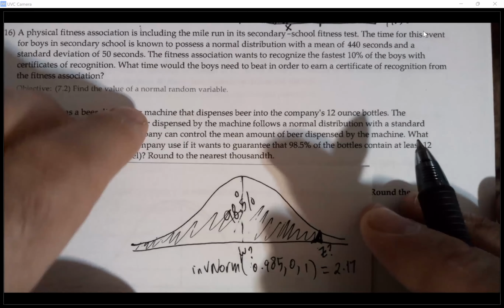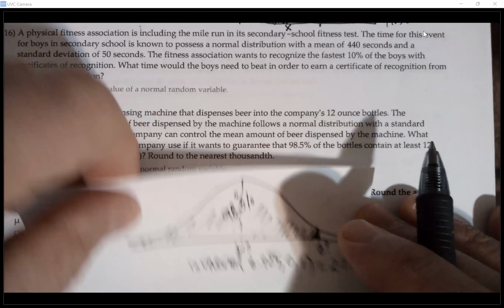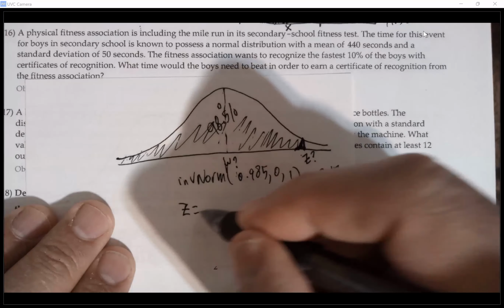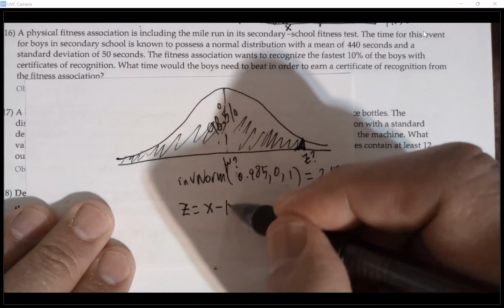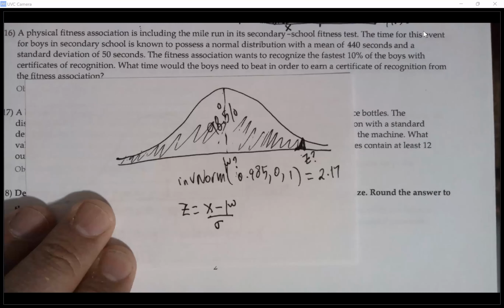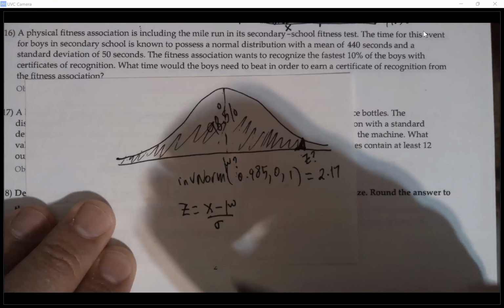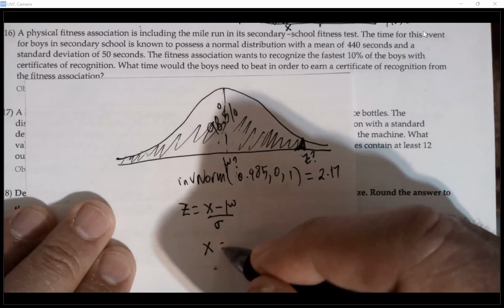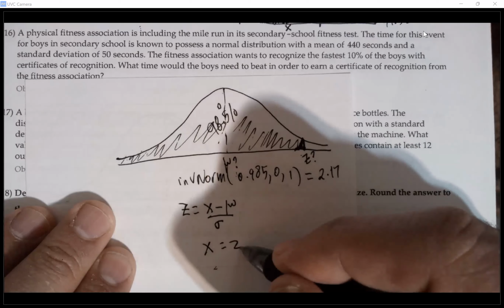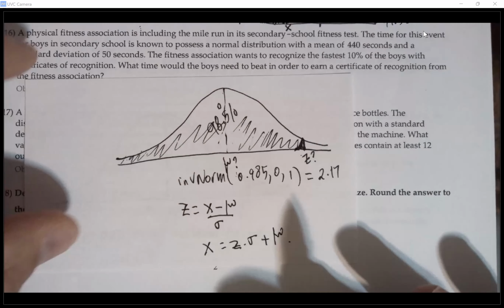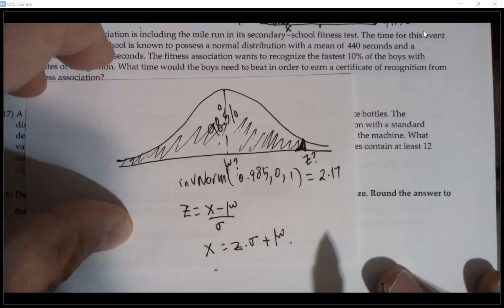Now, guys, we have this formula for Z, X minus mean divided by sigma. So X will be Z times sigma plus the mean.